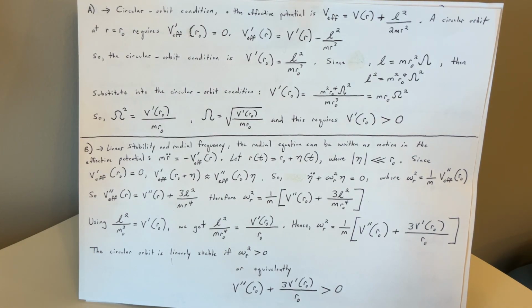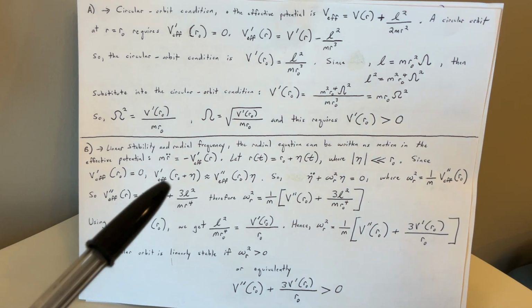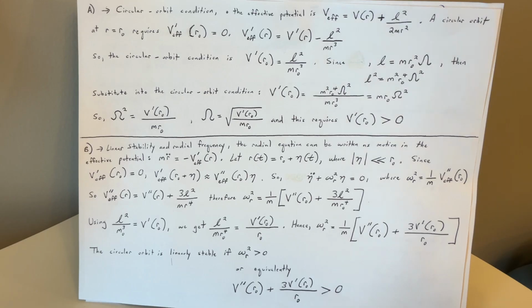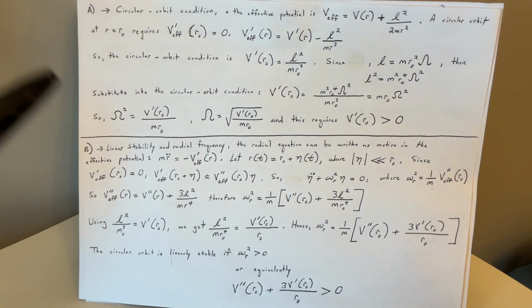The radial equation can be written as motion in the effective potential: m r double dot equals negative V_eff prime of r. Let r of t equal r naught plus eta of t, where the absolute value of eta is much less than r naught.